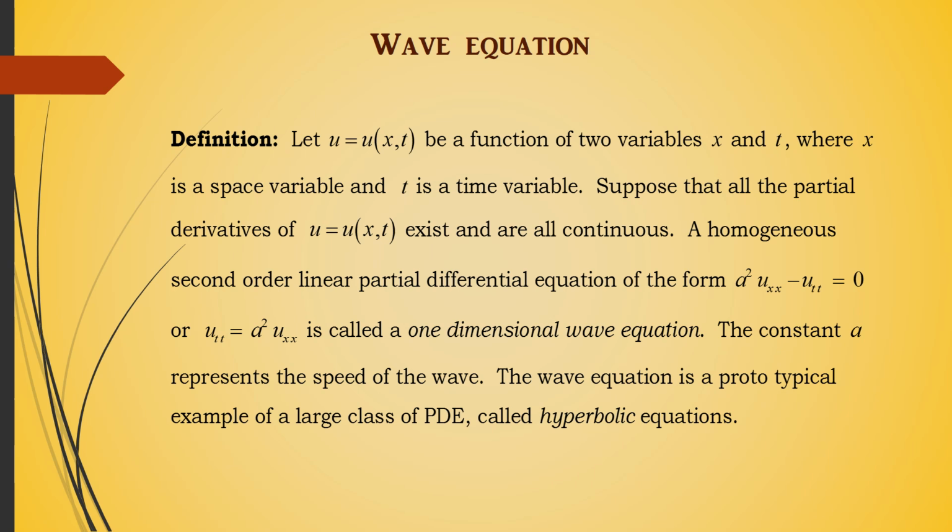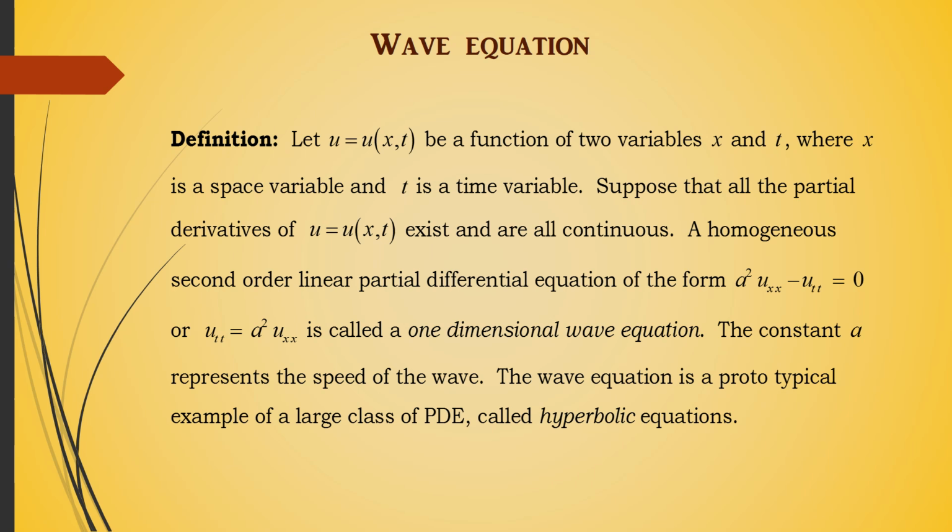This equation is homogeneous and linear. Since the equation has only one space variable, this equation is called one-dimensional wave equation. In this equation, the constant a square represents the speed of the wave.